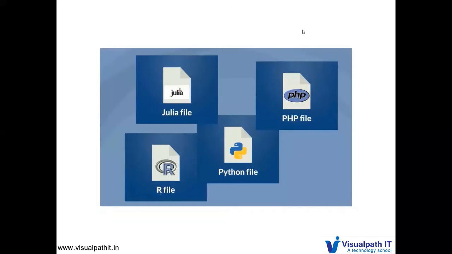So here, instead of installing a separate front end for each type of kernel, there is only one Jupyter Notebook which we can use to connect to different language kernels. For example, if you have a PHP file or a Julia file, all of them are stored in a notebook file, maybe with a separate extension, but all of them work under the same Jupyter software.